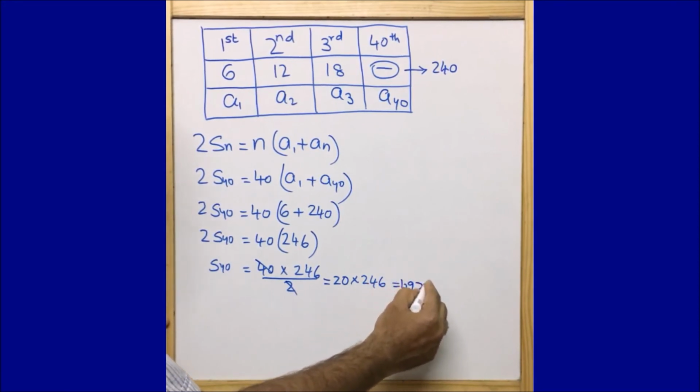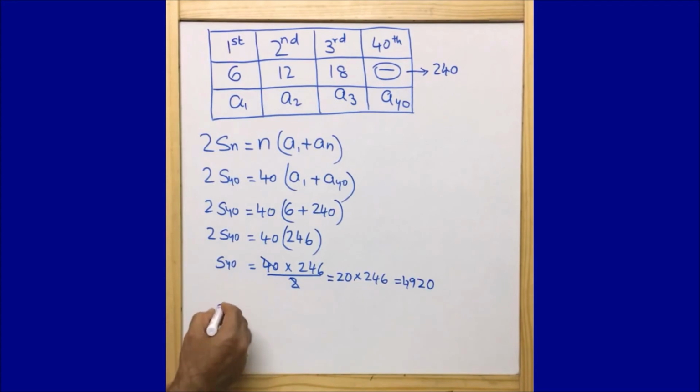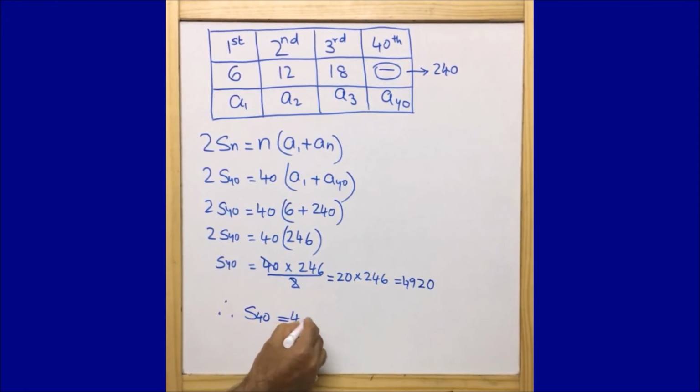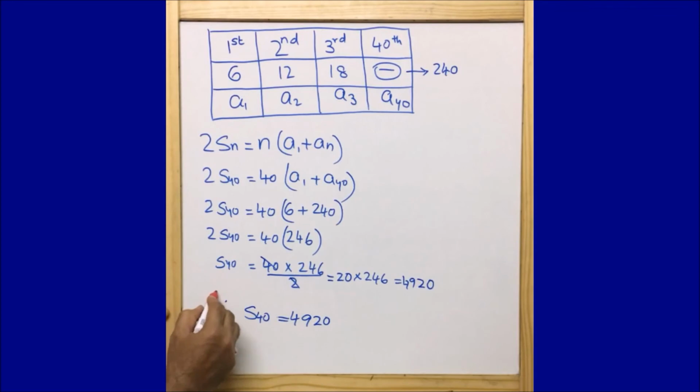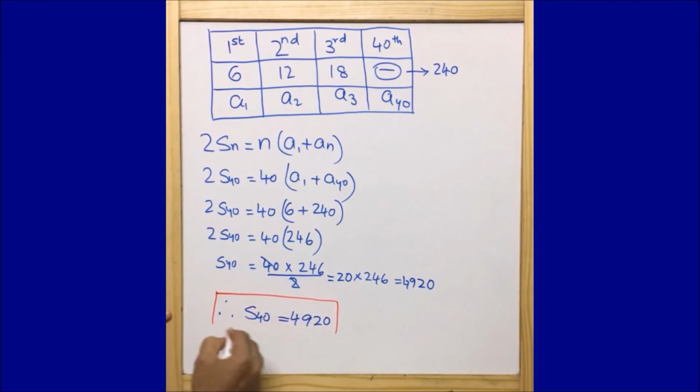We are getting 4920. Therefore S40 is equal to 4920. That's all guys, this is our answer, and we can easily say that the sum of the first 40 positive integers divisible by 6 is 4920.